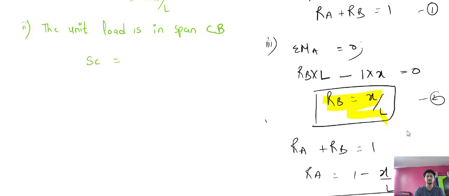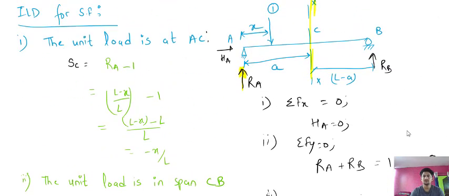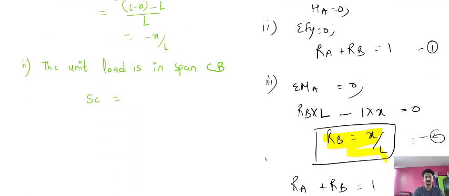Seeing the equation from the left hand side, this load has gone from here to here, so there will be no unit load at that point. This condition is valid only when x is greater than a and less than or equal to L. This is the boundary condition for the value of x.